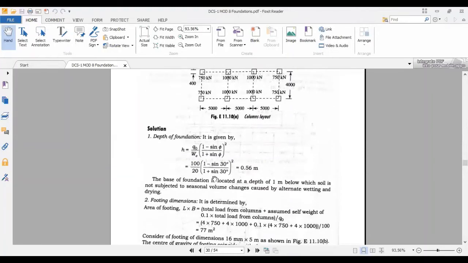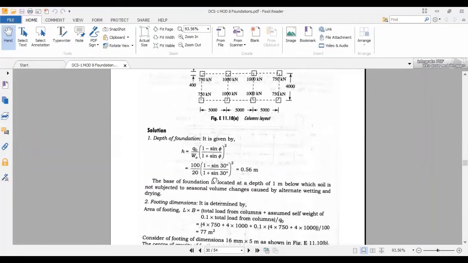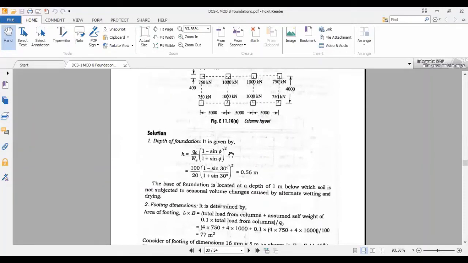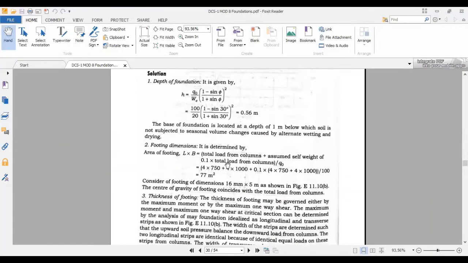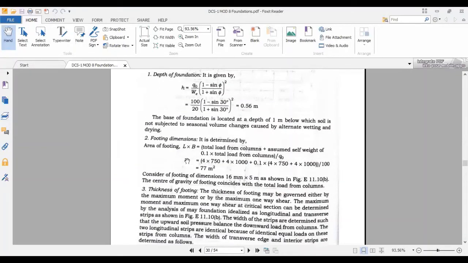So the foundation is located at a depth of 1 meter below which the soil is not subjected to seasonal volume change, as we have always discussed. Footing dimension is determined by the formula. Area of footing L into B is given by total load from columns plus assumed self weight of 0.1 into total load from columns, divided by Q0. So if we put all the values in here, we get it as 77 meter square. This is the area of footing.